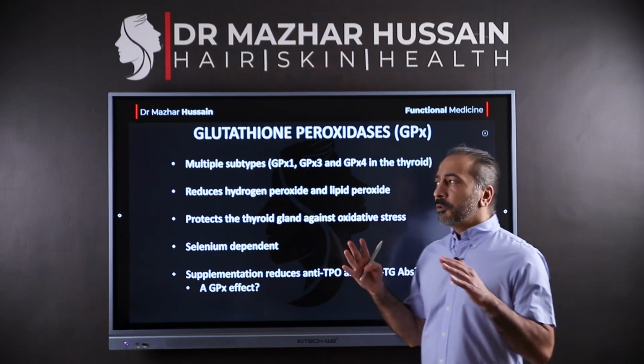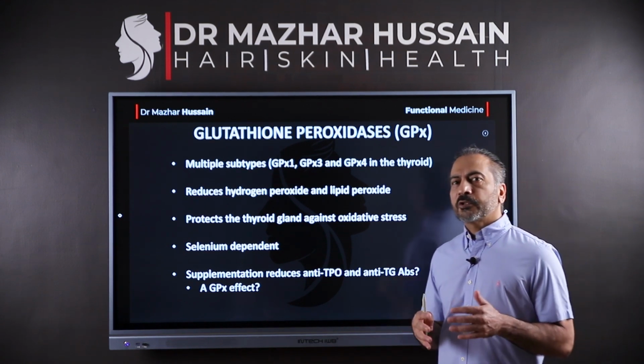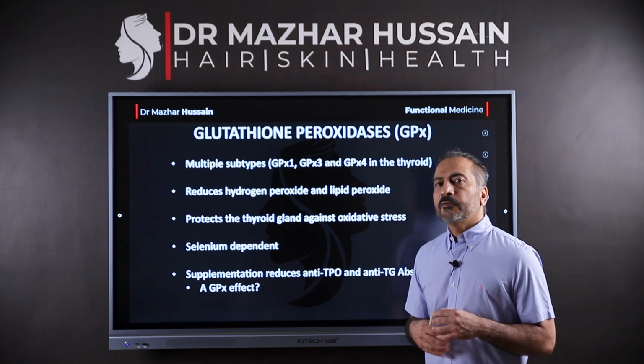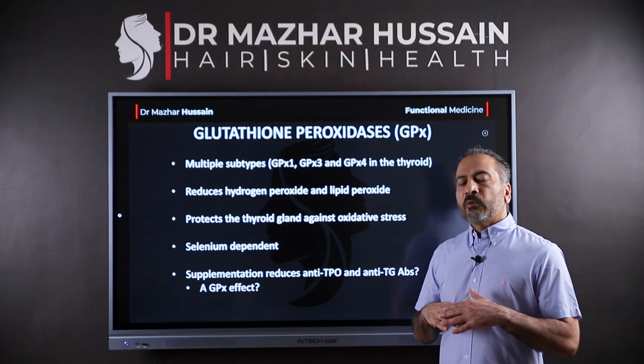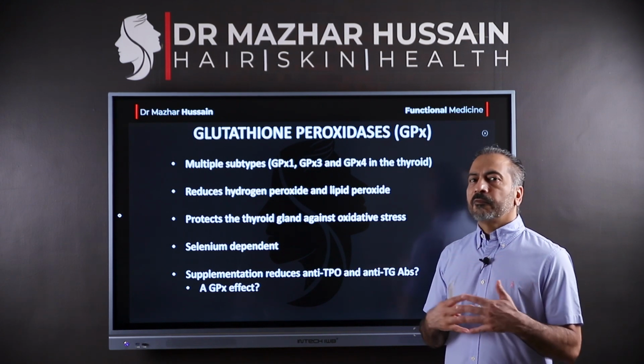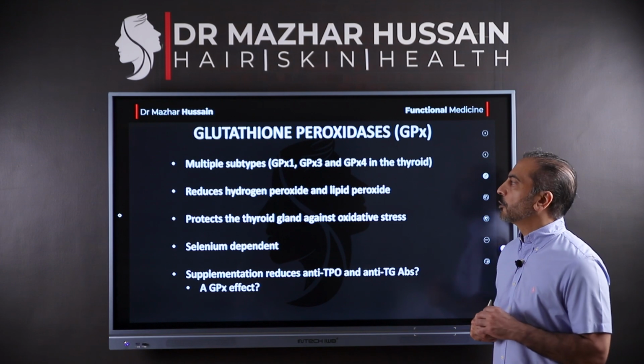Now, although glutathione peroxidase is not directly involved in the production of T4 or T3 or the conversion of T4 to T3, we have a constant production of substances in the body all the time in every cell in the body.